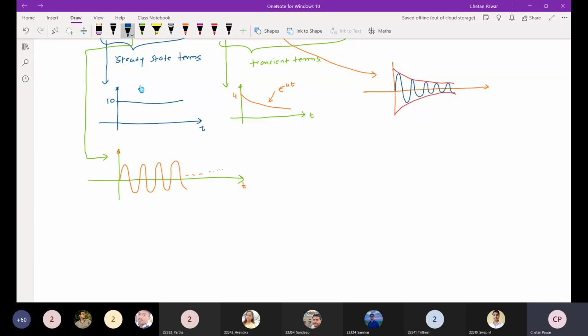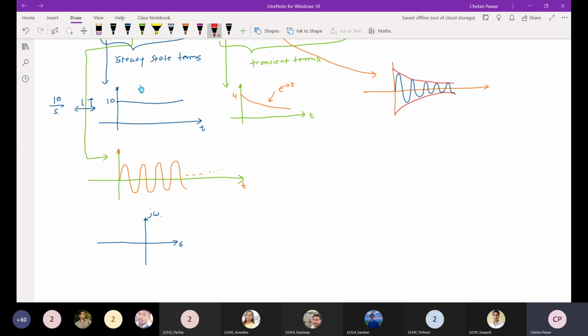Okay, so for this particular signal, the Laplace transform will be 10 by S, right? So what is the pole location? What is meant by pole? Denominator root, right?